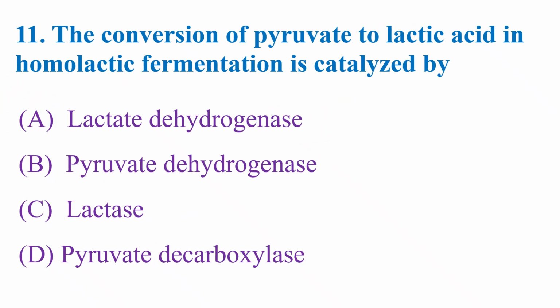Question 11. The conversion of pyruvate to lactic acid in homolactic fermentation is caused by lactate dehydrogenase, pyruvate dehydrogenase, lactase, or pyruvate decarboxylase. So in homolactic fermentation, the pyruvate is converted to lactic acid by the enzyme lactate dehydrogenase.